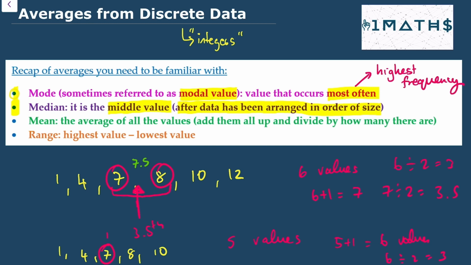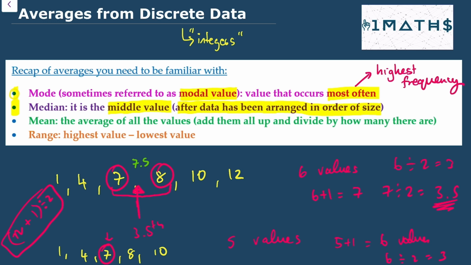Okay, and the third value is 7. So when we work out the median, we always do n for the number of values there are, n plus 1 divided by 2. Okay, just think about that. And if it's half a value like 3.5 here, then it means we find the middle of the third and fourth value, take the average halfway between them.